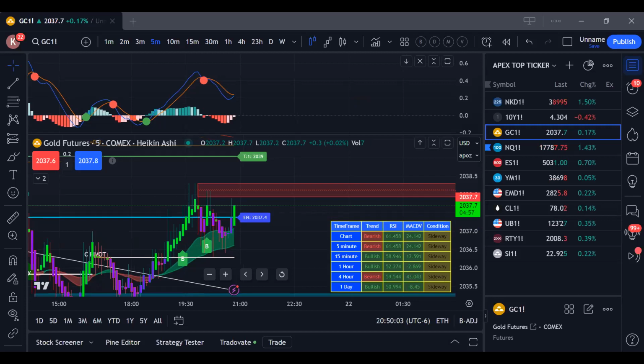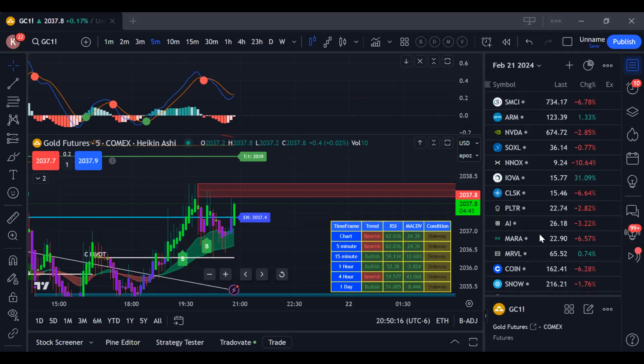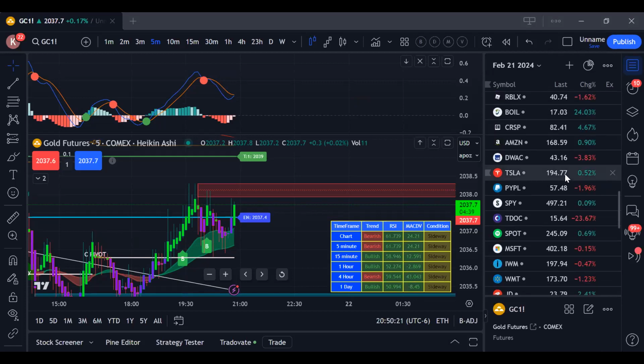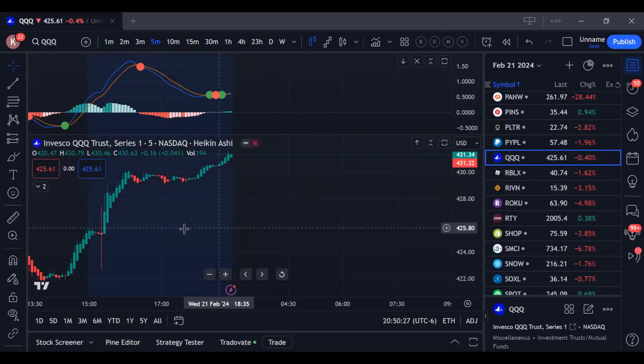Yeah, you can use it for QQQ, you can use it for anything. For example, QQQ.